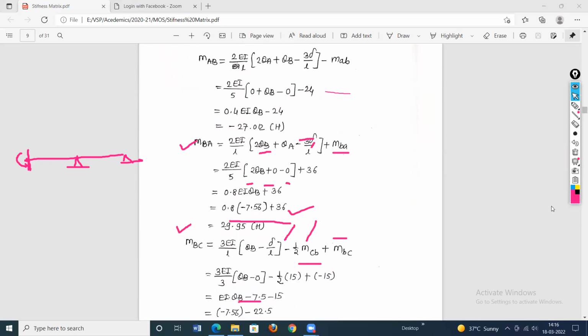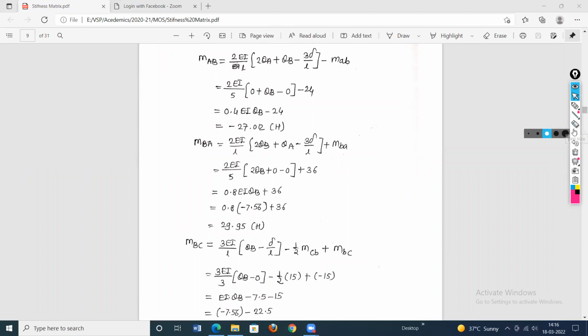So this moment comes as 29.95. At which point? At point B. So this moment at B is clockwise. Plus in the sense that it is acting clockwise, therefore the nature is hogging.